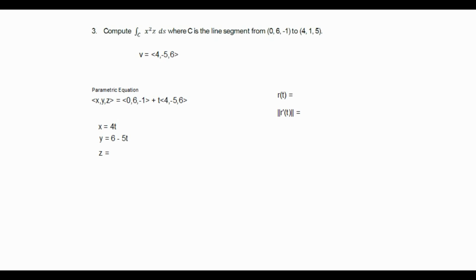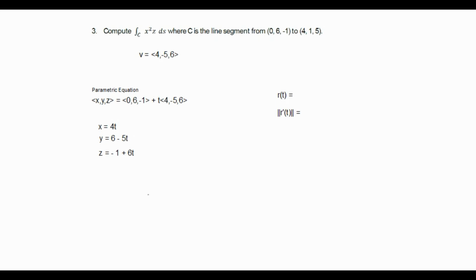The next one will be negative 1 plus 6t. That will be z. So this is our parametric equation.